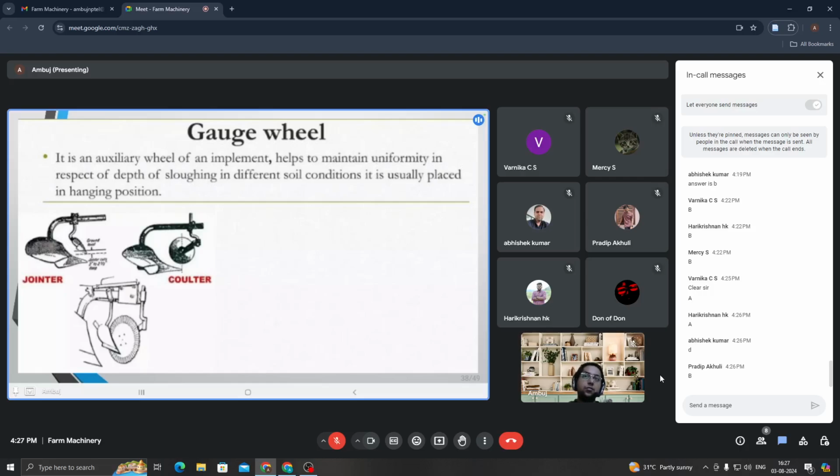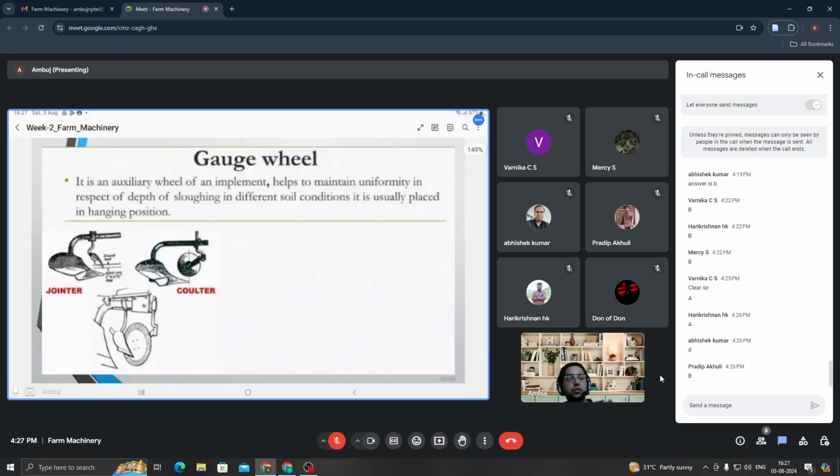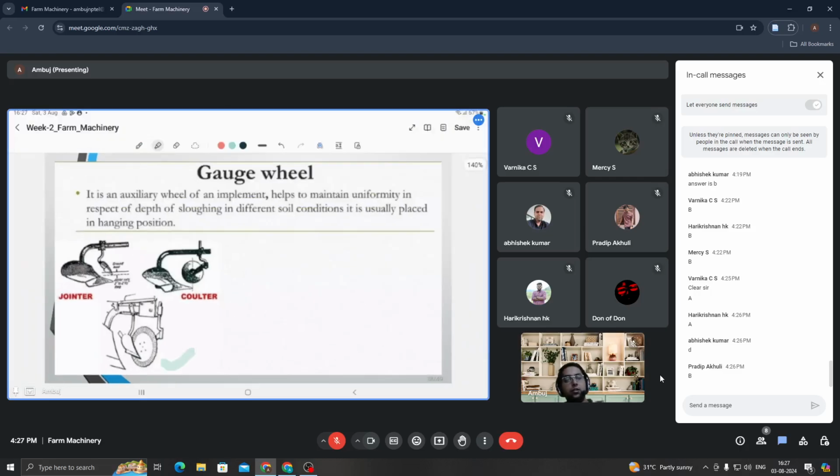It's an auxiliary wheel of an implement which helps maintain uniformity of plowing depth in different soil conditions and is usually placed in a hanging position. This particular part here, I'll mark it; this is my gauge wheel.